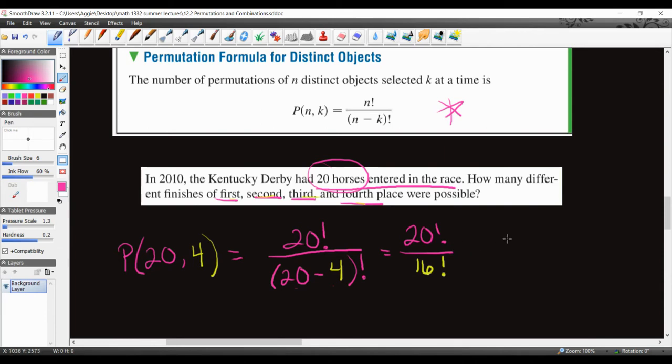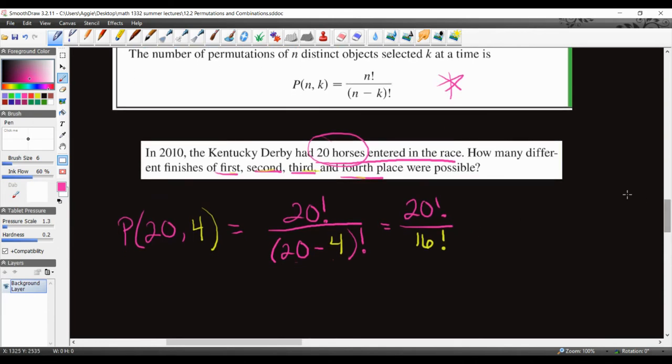And then from here, I definitely recommend the second method because you don't want to do 20 all the way down to 1, right? That would take forever. So we're going to go down to 16. 20 times 19 times 18 times 17 times 16 factorial, because at that point, 16 factorial would include all the rest of it, over this 16 factorial.